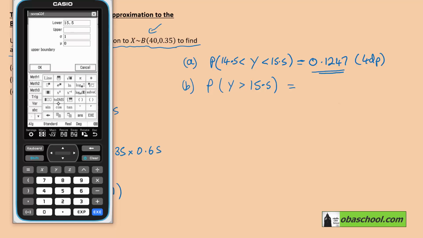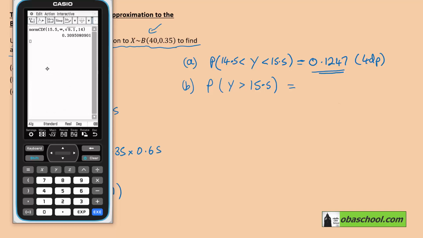My upper, on this calculator I can put in infinity, but if you don't have that facility, just make sure you go to a lot of standard deviations above 15.5. So 1,000 or something like that would be perfectly okay. And we want the standard deviation, so 9.1 was the variance, the square root of that, and then 14, and that's 0.3095, correct to 4 decimal places.